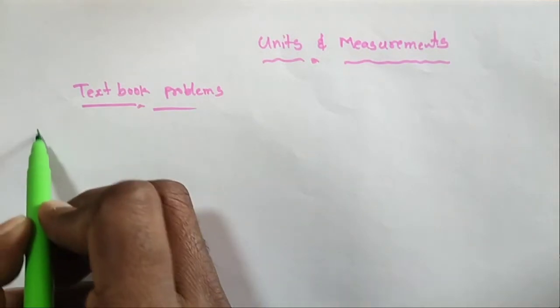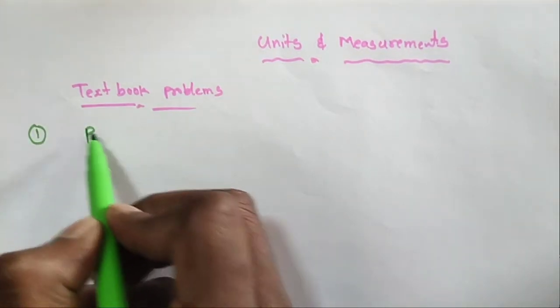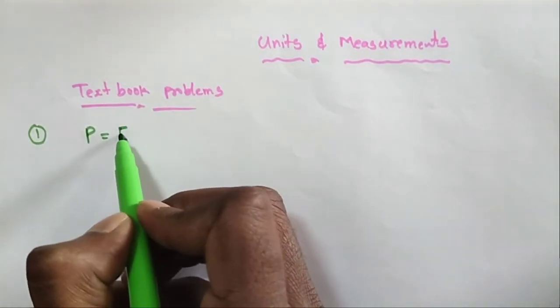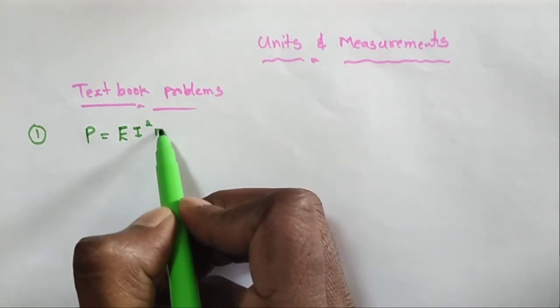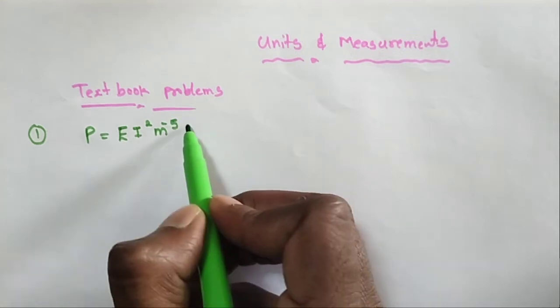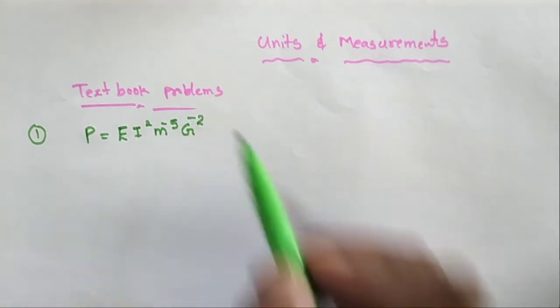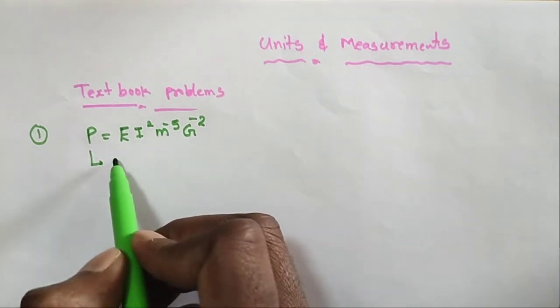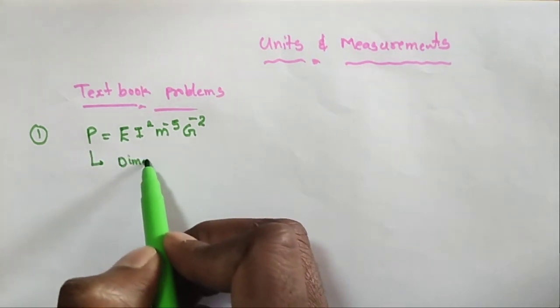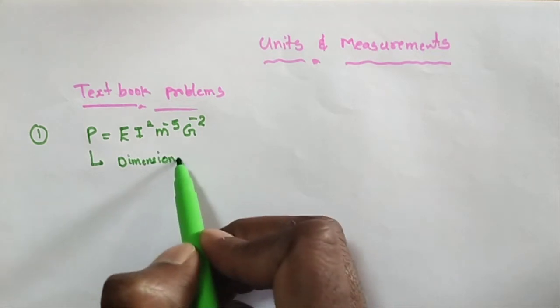So this is the first problem: P is equal to E into I square m power minus 5 G power minus 2 is given, and we have to show that P is a dimensionless quantity.